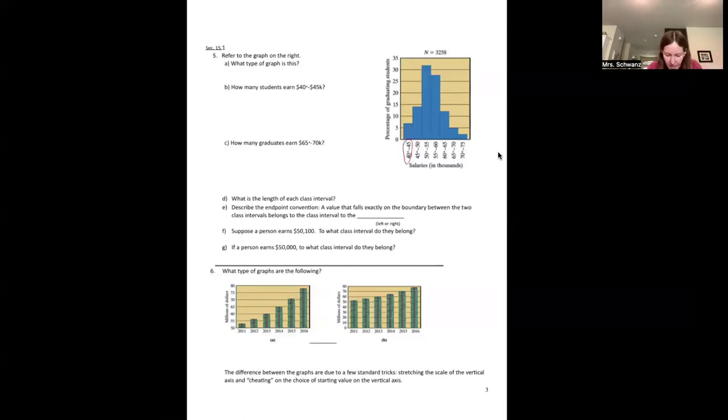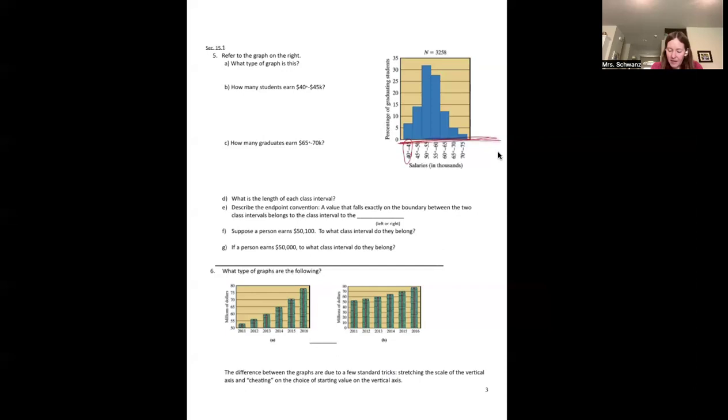So it looks like people were asked, how much money do students earn, and what are their salaries? One person is going to say 41,000, another person's going to say 105,000, and everywhere in between is going to be a different response. If I made a rectangle for every single different response, that would be too many things on this x-axis.